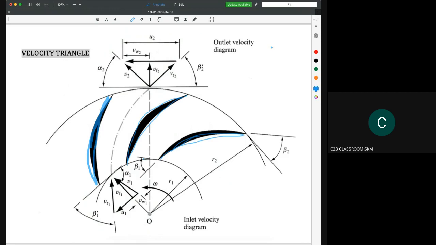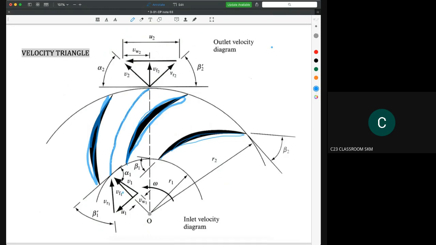To draw the velocity triangle, we focus on one blade like this one. It is okay for you to take the middle, the center line between these two blades, to draw your velocity triangle.